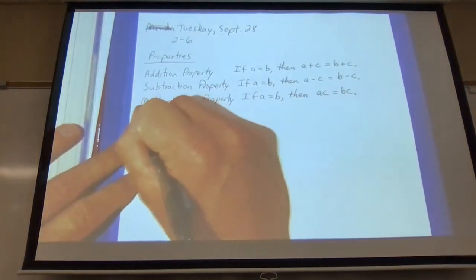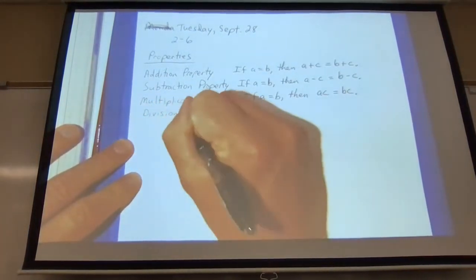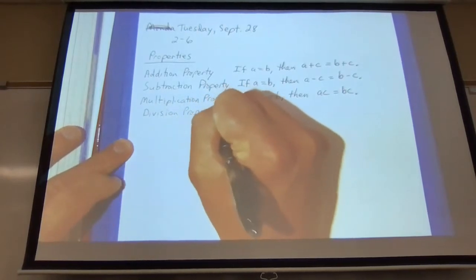And then division property will let you divide both sides of the equation by the same number.